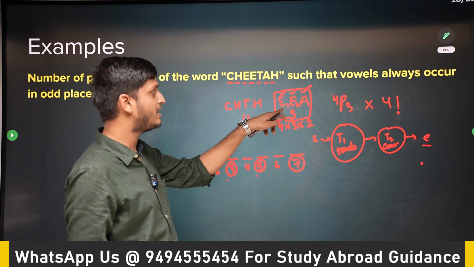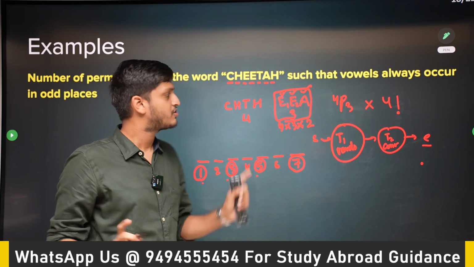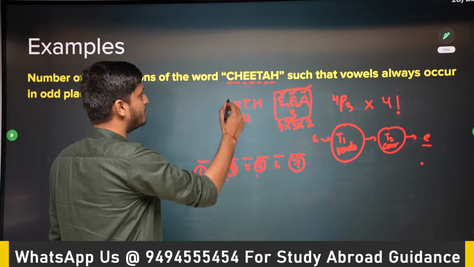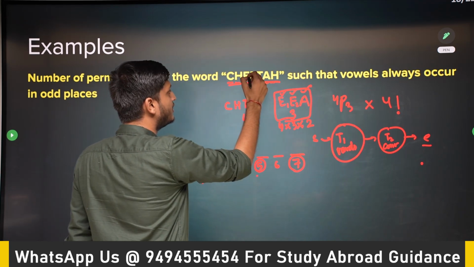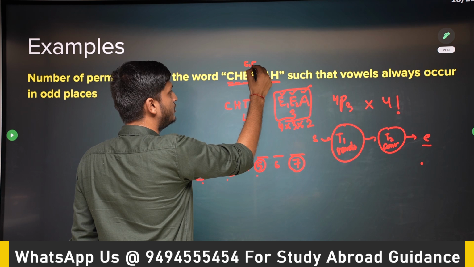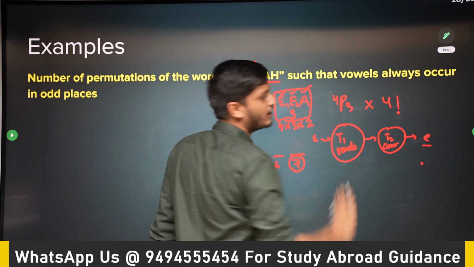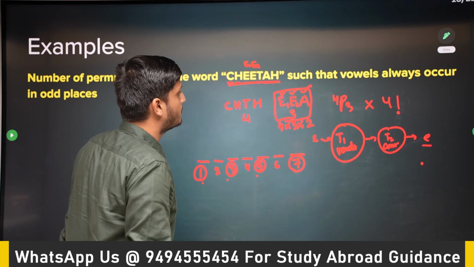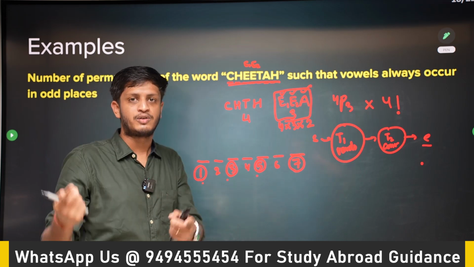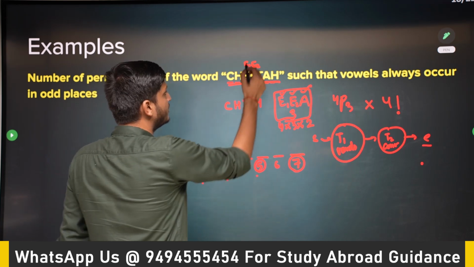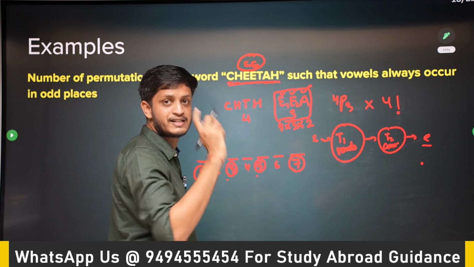Right now I have considered E1 and E2 to be different. So this is the number of ways in which I can arrange the letters of the word cheetah, considering both the E's different, E1 and E2. It will be 4P3 into 4 factorial. But now again we are overcounting. E1 and E2 are not different, they are same.